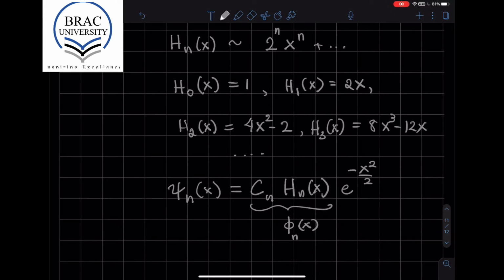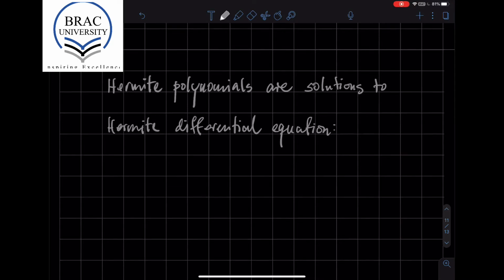There is a lot of mathematical literature dedicated to the Hermite polynomials. Let us just review a few of them here. So what is the Hermite differential equation?